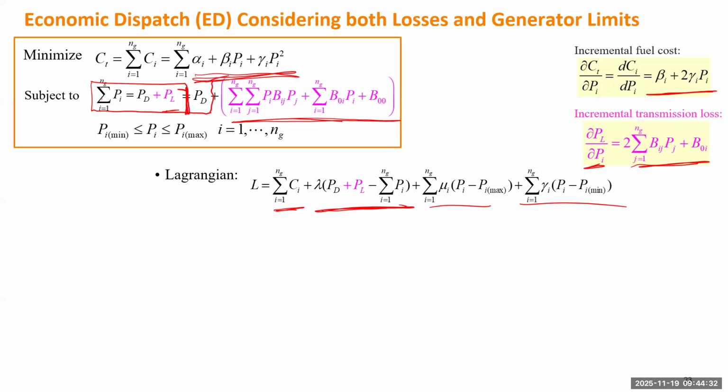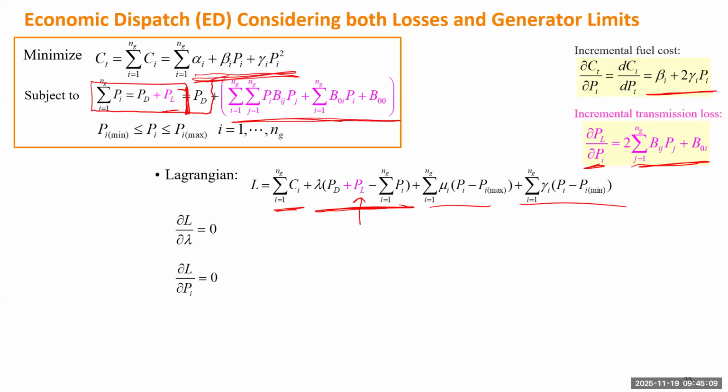The total generator output needs to be slightly higher than the load to compensate the transmission loss, PL. So we need to add that PL into this formulation. So lambda here is not the penalty for violating the power balance alone, right? It's the penalty for violating the balance between the total output and the load plus the transmission loss. But it is still the penalty of violating the balance of energy or power for the entire network.